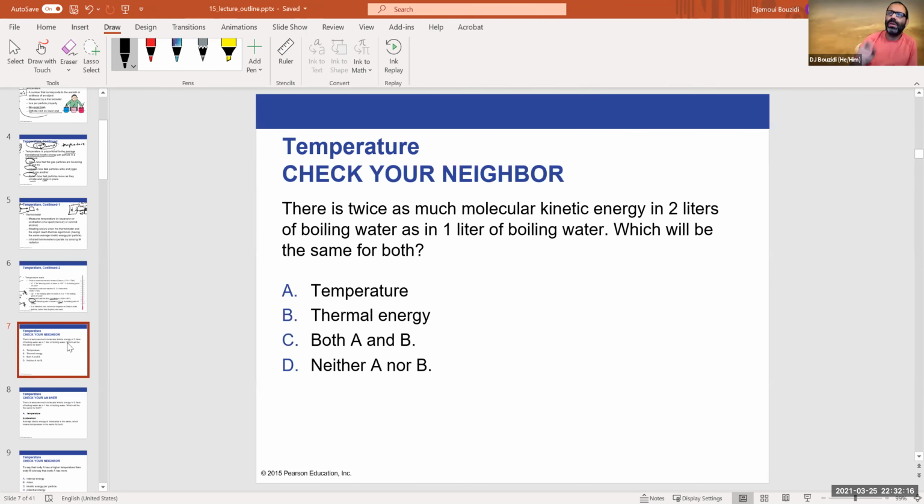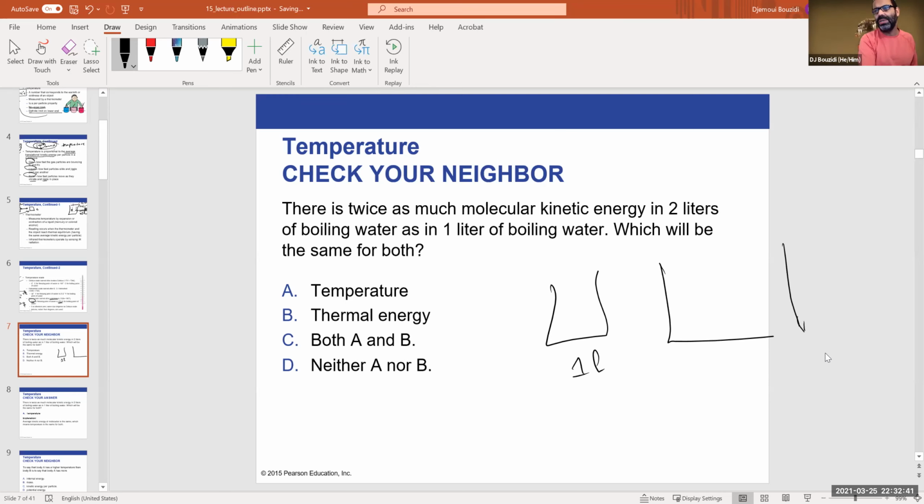There is twice as much molecular kinetic energy in 2 liters of boiling water as in 1 liter of boiling water. So you take boiling water, and let's say you have 1 liter here and 2 liters here.